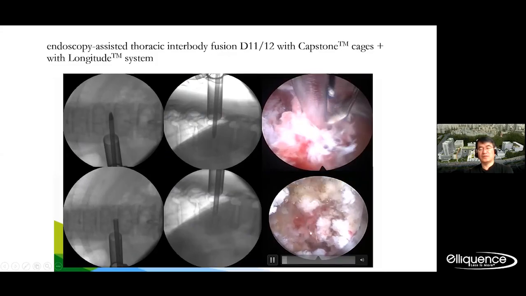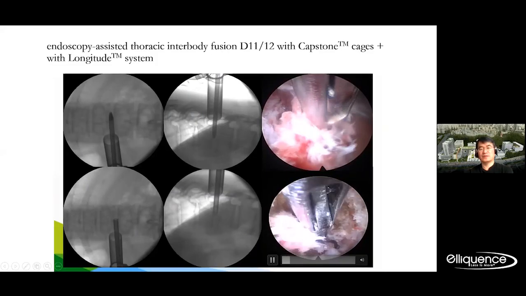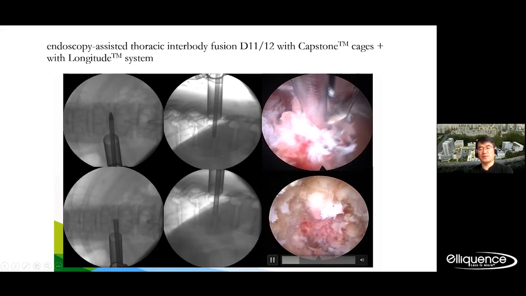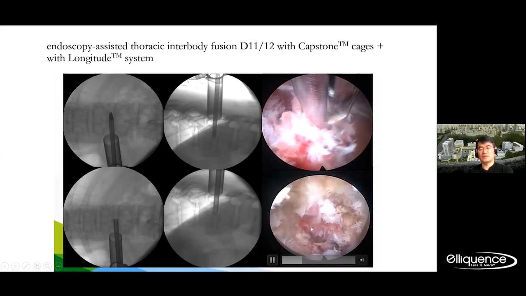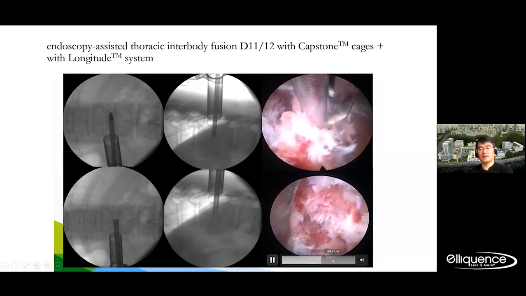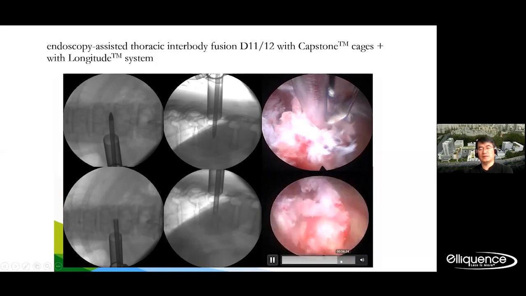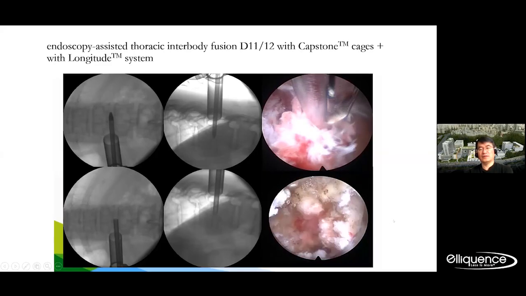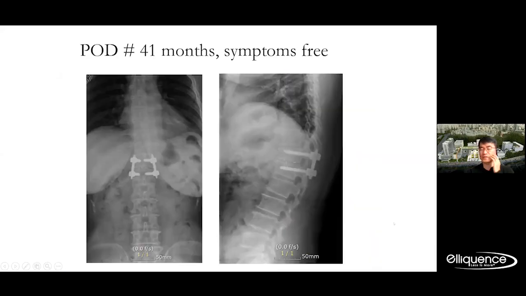After initial debulking of the nucleus with the Inspire and the special discectomy tool, I can reach the compression part, the main part of the thoracic disc herniation. After the central discectomy and removal of the herniation, I can see the ventral endplate preparation well and put in the pedicle screw. This patient was followed for more than 3 years, symptom-free and going well since the surgery.